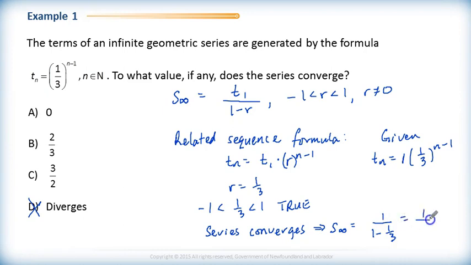So it's 1 over 2/3, which gives us 1 times 3 over 2, which gives us 3 over 2. And we have C as our correct answer.